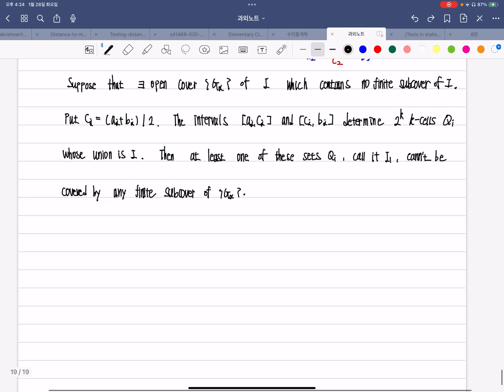In this way, we next subdivide I_1 and continue the process. Subdivide I_1 and get I_2, and then subdivide I_2 to get I_3.